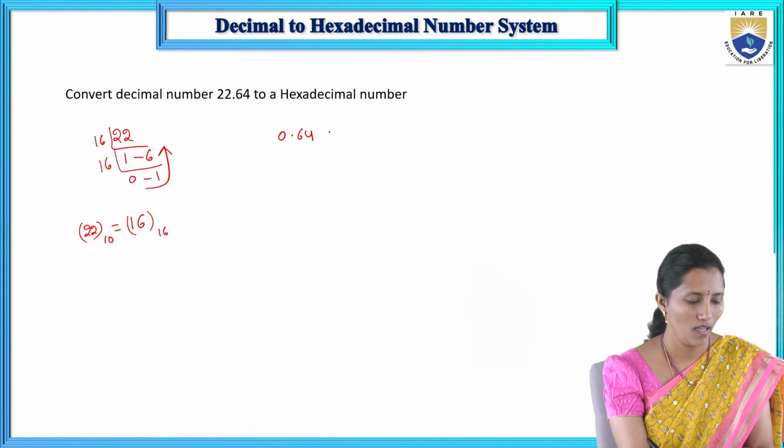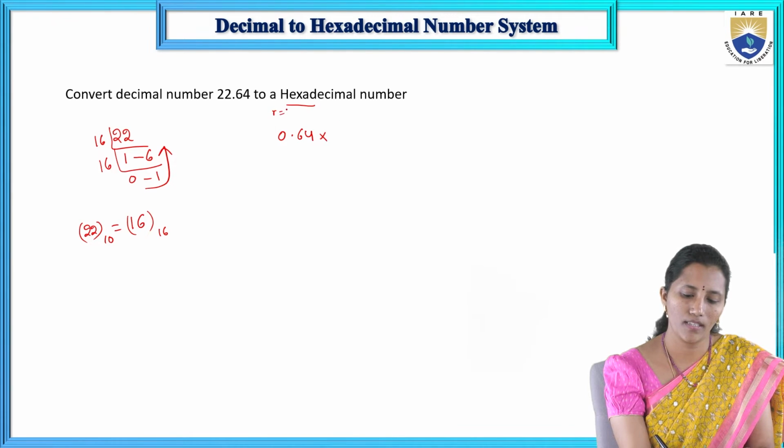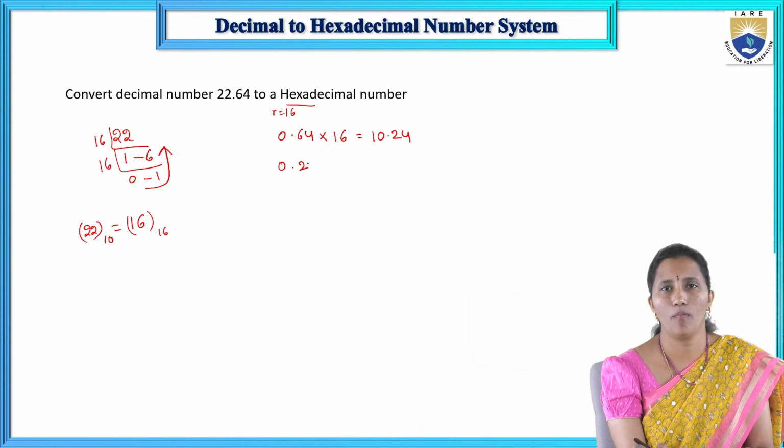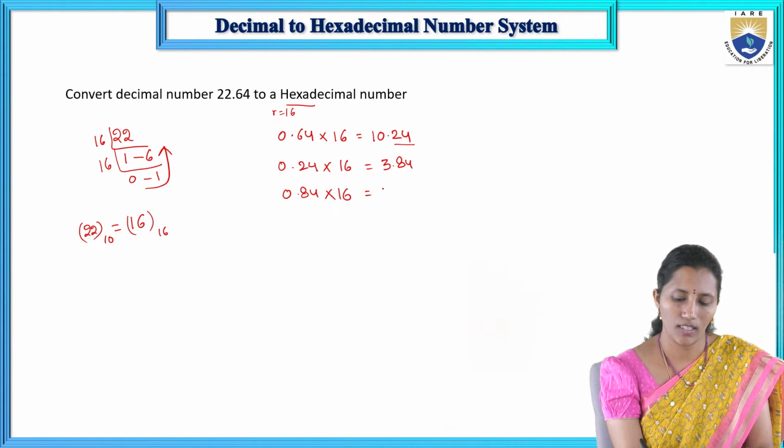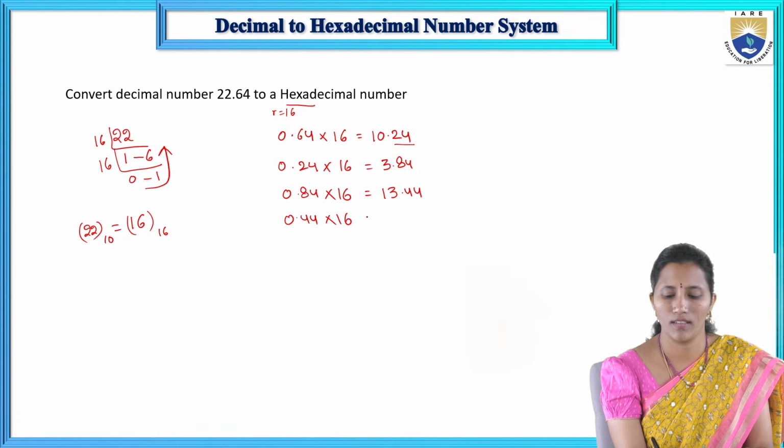Here the fractional part is 0.64, we have to multiply with the radix, which is 16. So 0.64 into 16 is 10.24. Again multiply, in 10.24 only consider the fractional part, that is 0.24 into 16, that is 3.84, and consider 0.84 into 16, we will get 13.44, and 0.44 into 16, we are going to get 7.04.